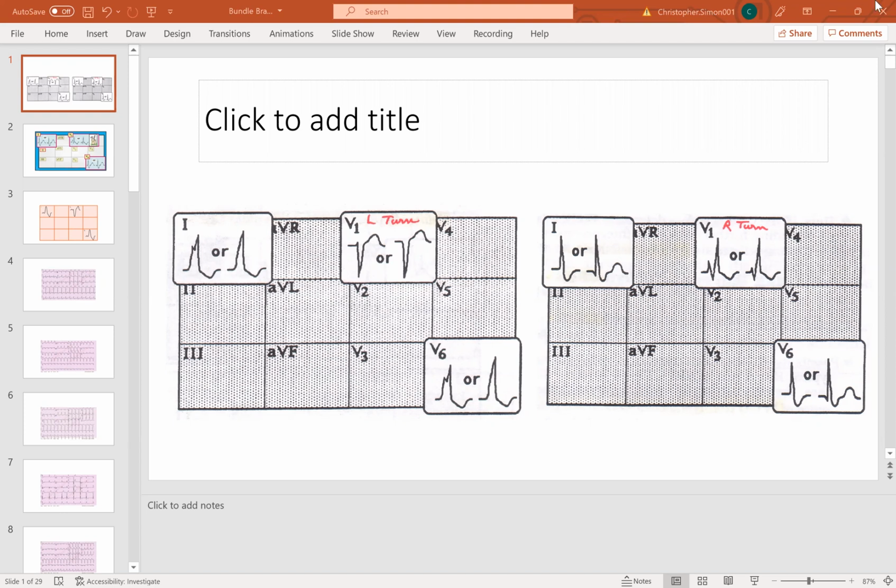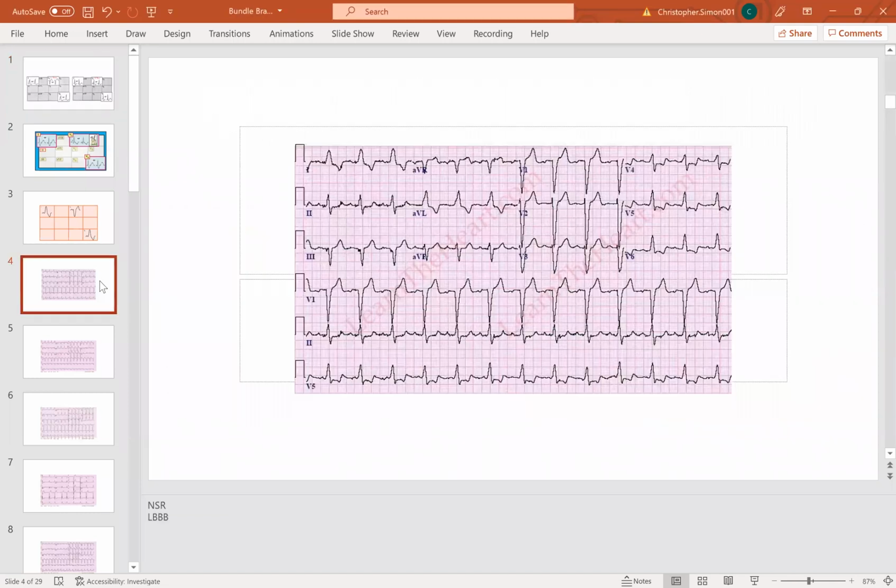So for example, if I was to change the slide, and I bring this slide up right here, okay, this is an EKG, right? And if I was to look at this, and we haven't really got to it yet, but this does have a bundle branch block. But before you go saying, oh, this is a bundle branch block, well, you got some things to do before all of that.